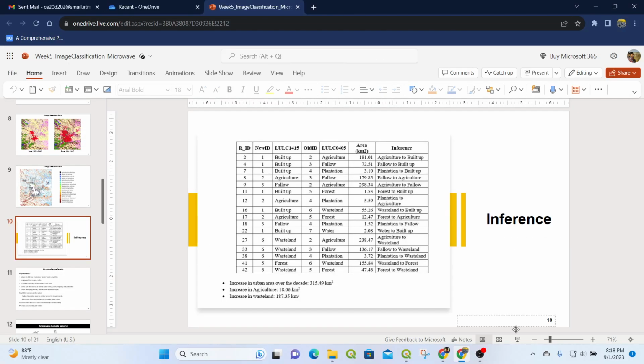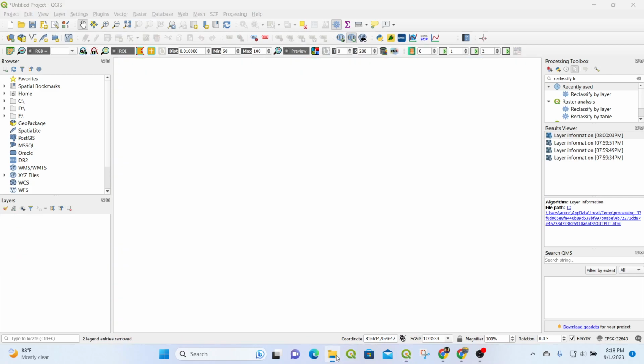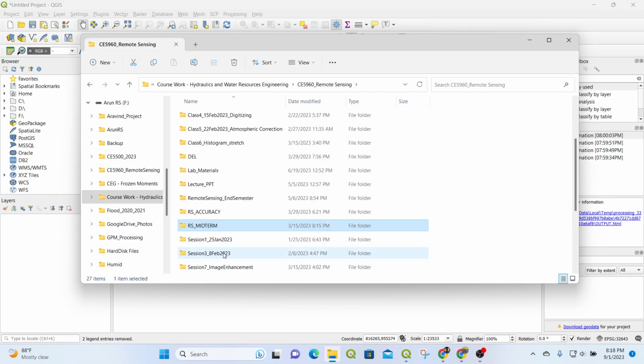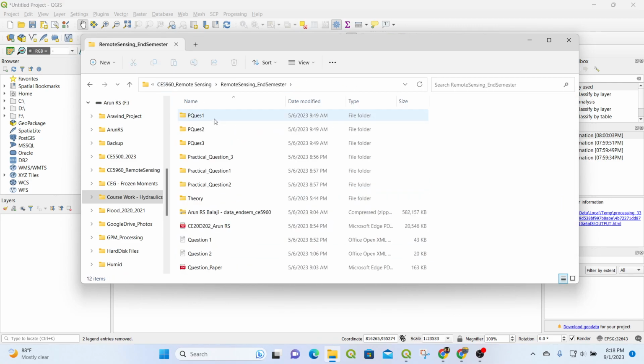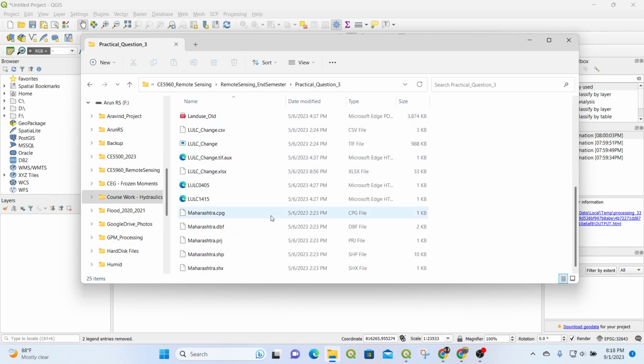Now I will quickly demonstrate how to do that in QGIS. So I'm removing both the data and I'm going to input the change detection.